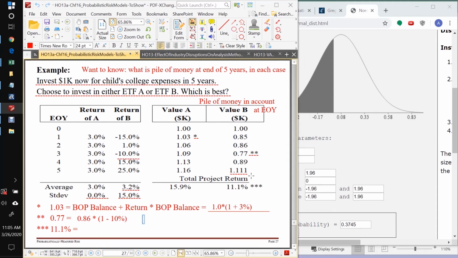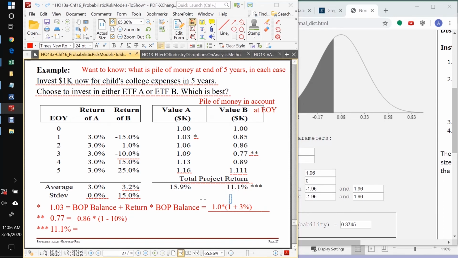Okay, and a good thing to measure with projects like this, you can compare the pile of money that we have at the end of the project with different investments. We can also compute something called the total project return, which is also very helpful, very useful. And the total project return is just simply what we wound up with minus what we put into the project, quantity divided by what we put into the project.